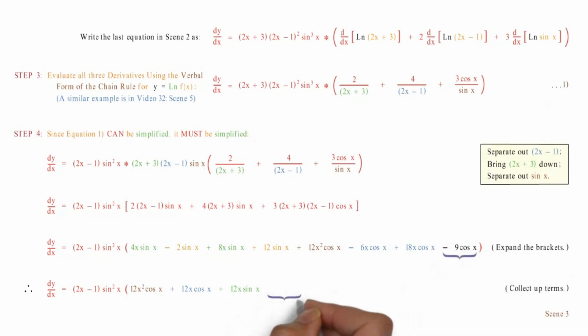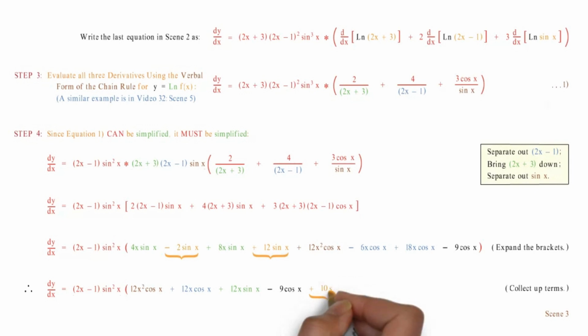Bring down. Minus 2 sine of x plus 12 sine of x is plus 10 sine of x.